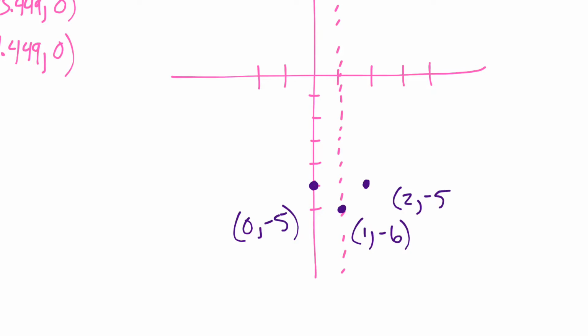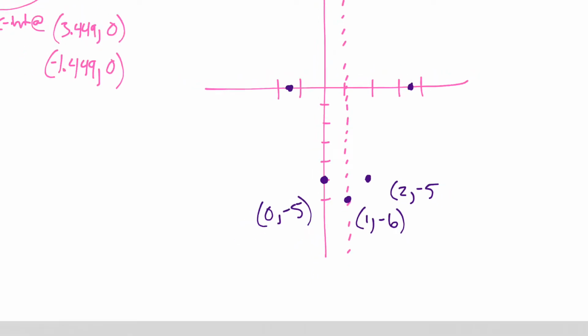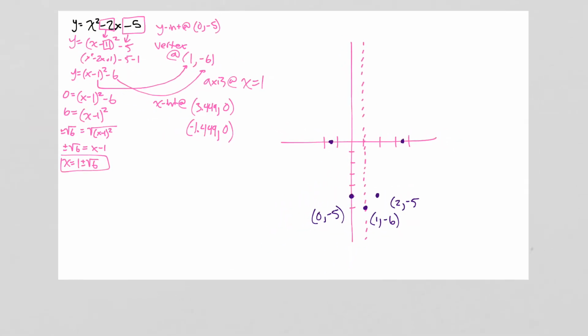So you should show it. And then my next points were at 3.5, basically. A little bit less than 3.5. So right about there. And then a little bit more than -1.5. So right about there. And we can label those.